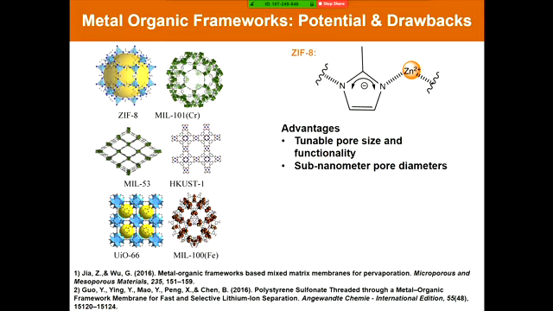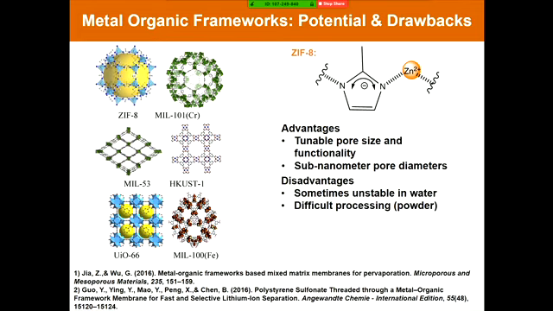And so one can, by changing the chemistry, tune the pore size and the functionality. And they have pores that are sub 1 nanometer, and this is what you need if you're going to separate out ions or small molecules that are very close in size. They can be unstable in water, some of them, and can be difficult to process because they're powders.